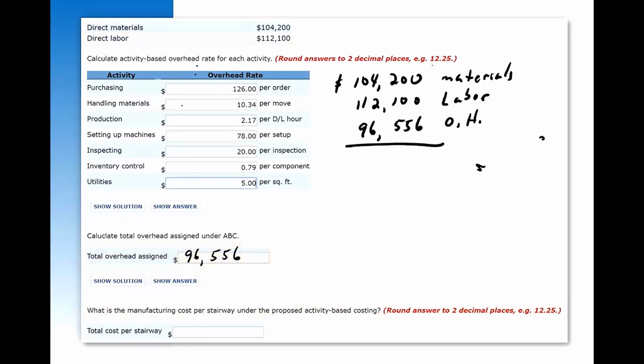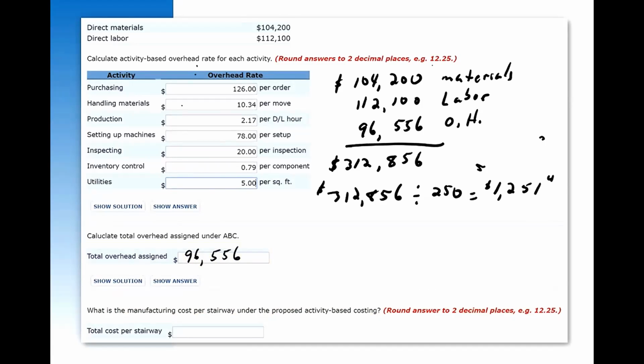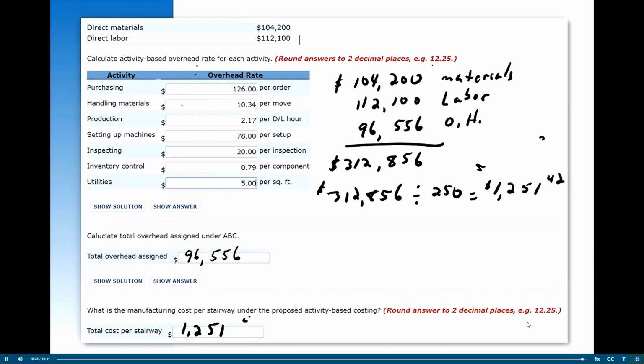The sum of those three then is the total estimated cost of this job, which is $312,856. We then can divide that $312,856 divided by the number of stairs is the cost per stair, which is $1,251.42. So that's our answer, $1,251.42.